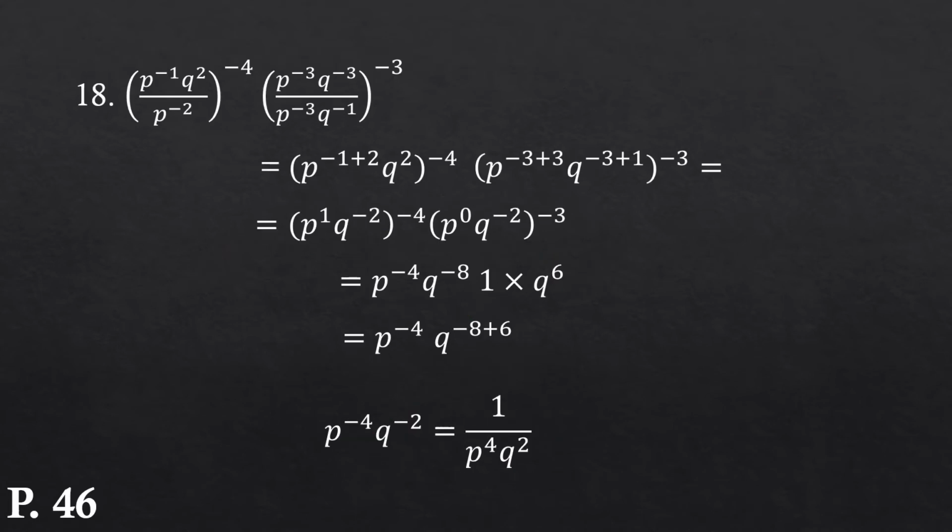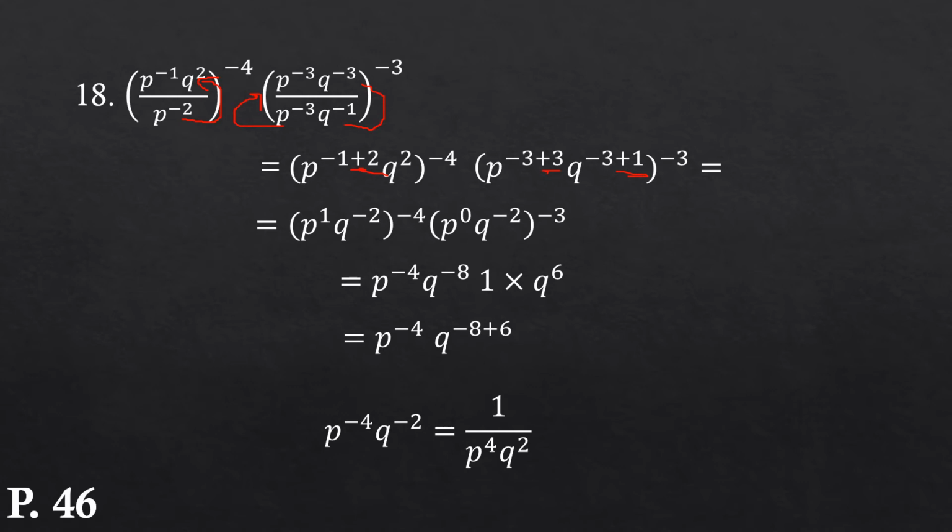Okay, student, this exercise is a little bit complicated. You have to move the denominator up, and when you move it, the exponent becomes positive 2. The same thing for this: move q and move p up. They change their sign. Here it became positive 3 and here positive 1.